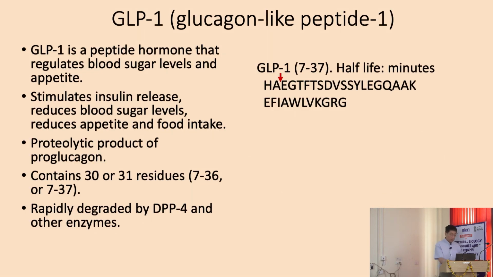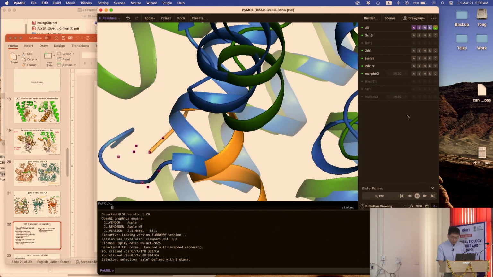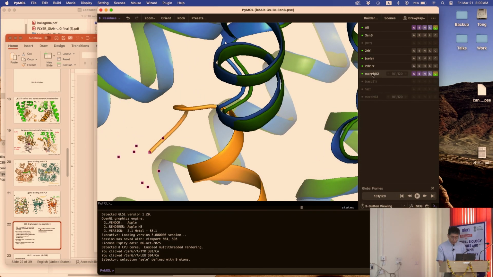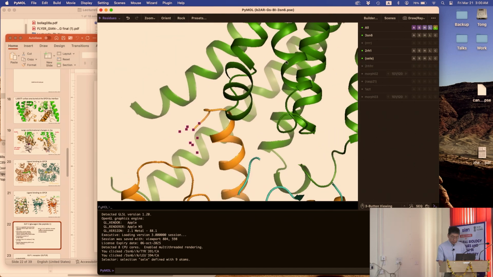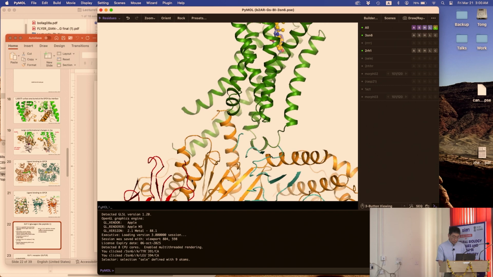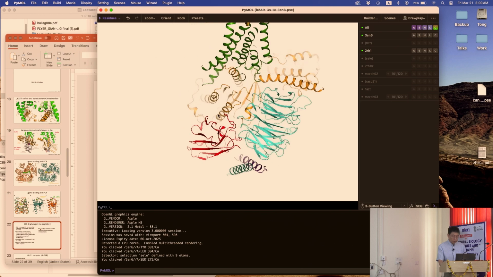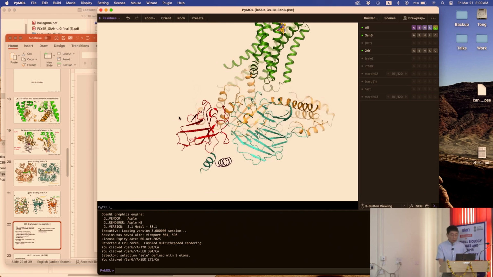Okay, so let me see whether I have that. Yeah, I do. So this is the G protein part. This is the nanobody, right?